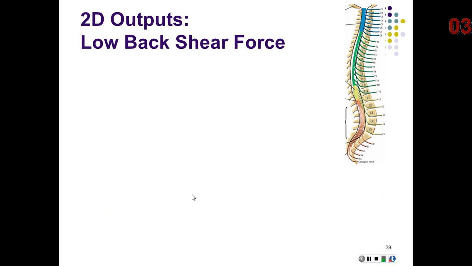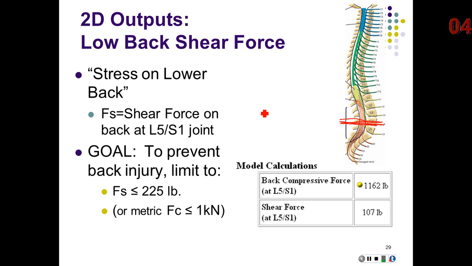Another thing to consider is shear force. If compression is up and down, shear is sideways. So a sideways force, a backwards and forwards force. ErgoWeb will give you that calculation as a shear force, and in my example here it is 107 pounds of backwards-forwards.